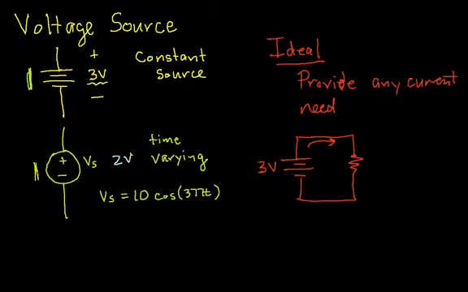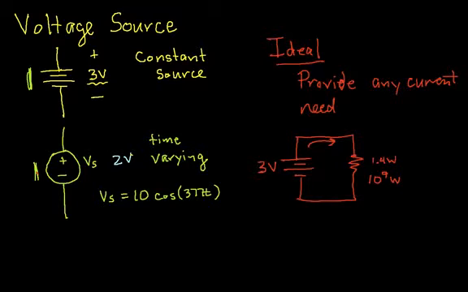So no matter what size light bulb I have, say for example the light bulb we've been talking about is about a 1.4 watt light bulb. If I were to replace that 1.4 watt light bulb with a billion watt light bulb, this voltage source would increase the current necessary to be able to provide a power of 1 billion watts at 3 volts.